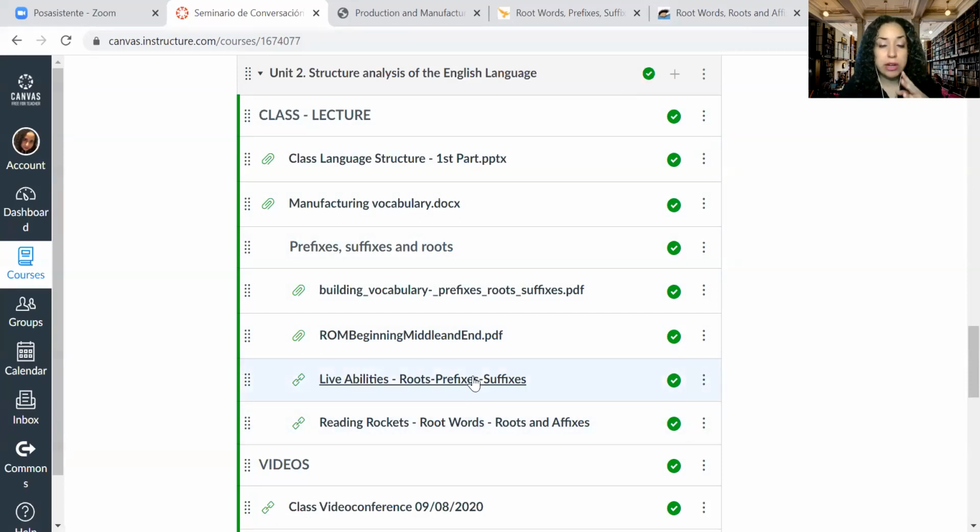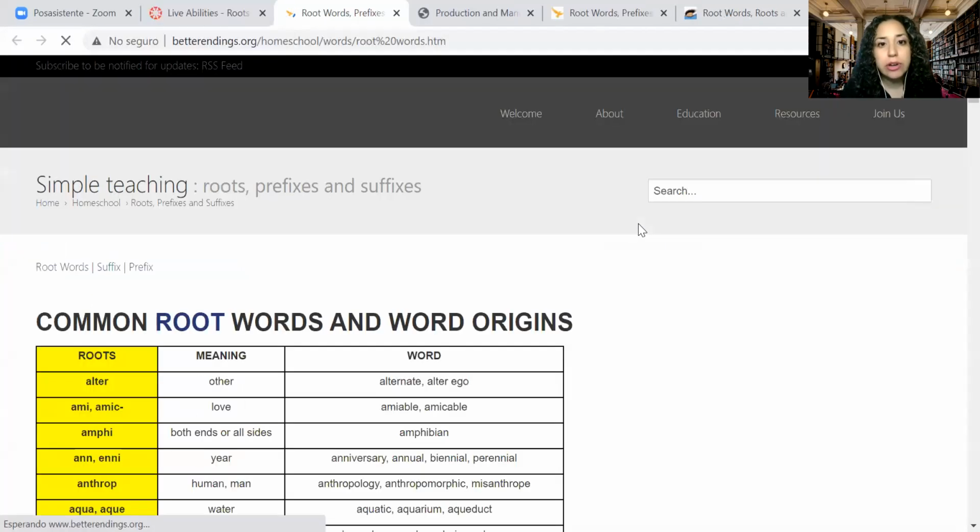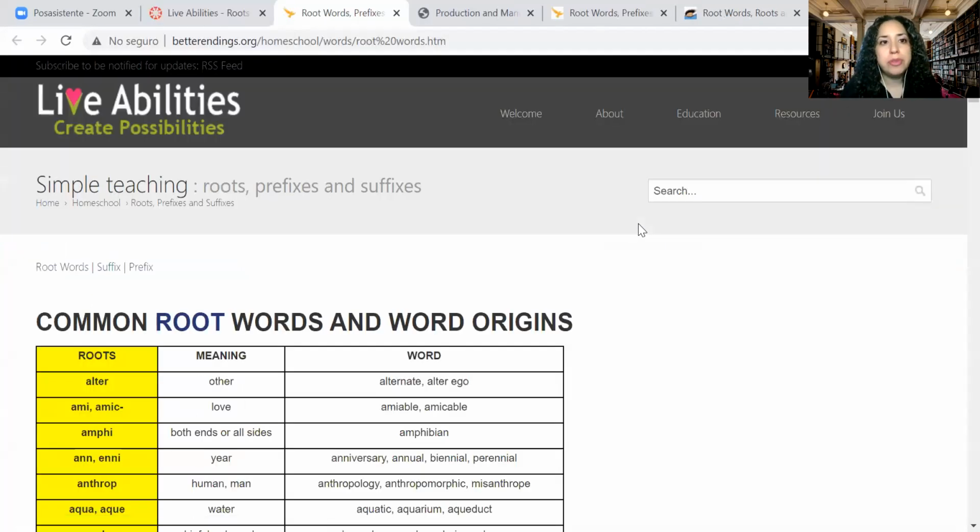And I just want to let you know, when you open the web page through Canvas, Canvas doesn't want to open it up, just in case it's covering its own platform. But you have to go here to the link and use the link to open it up. So it's automatically going to open up the web page.